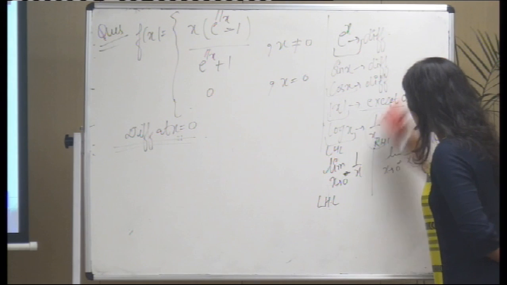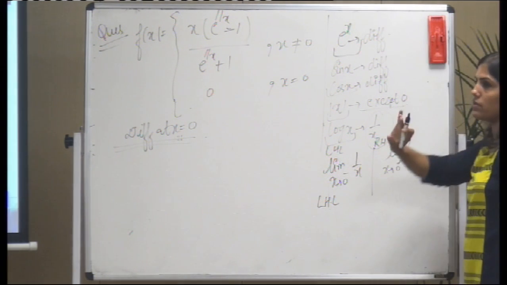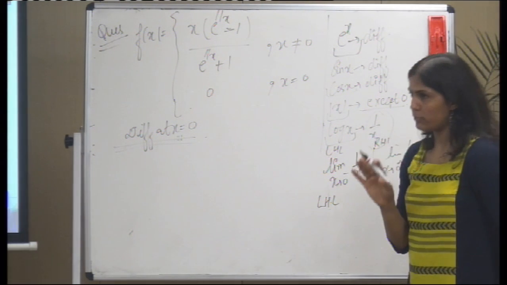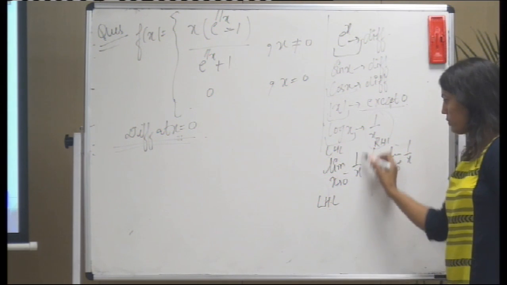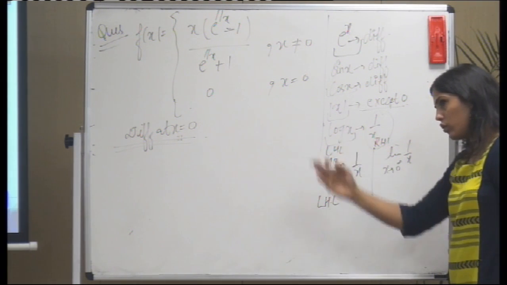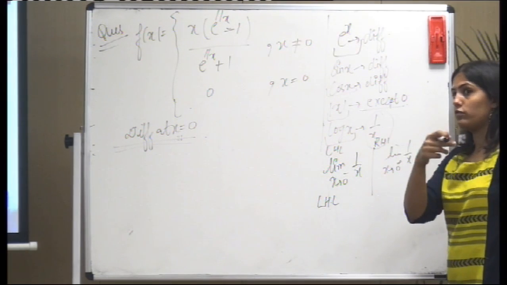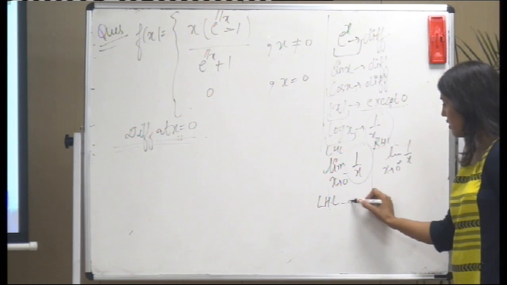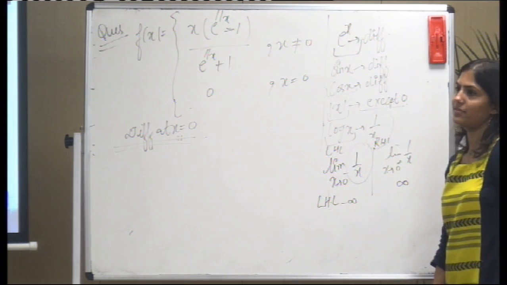She said the limit exists. Limit exists means the limit is finite, and I am not discussing the continuity part. So 0 minus means you are going from the left, so this will be minus infinity. How can you say the limit exists?